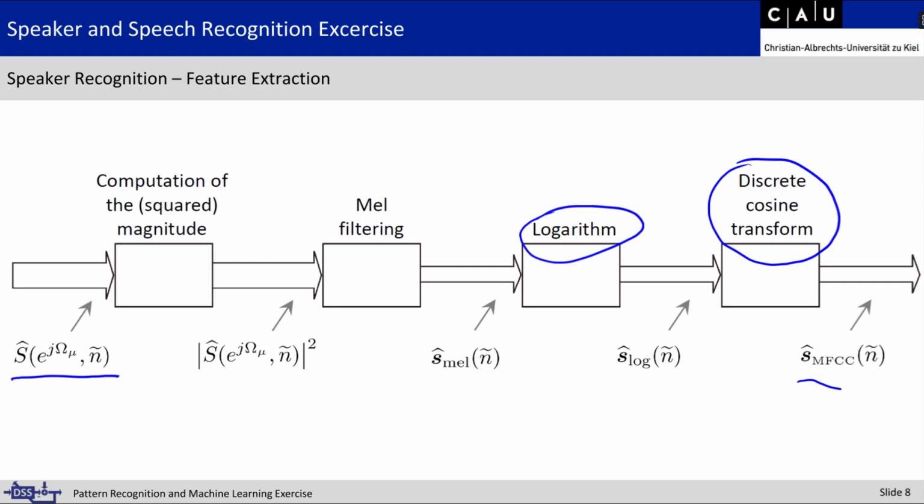At the end we have the MFCCs, and those have been shown to be very good as feature vectors for speech parts, or speech features. So if you want to do something with speaker verification or recognition, or even speech analysis, those MFCCs are very good for this sort of application.